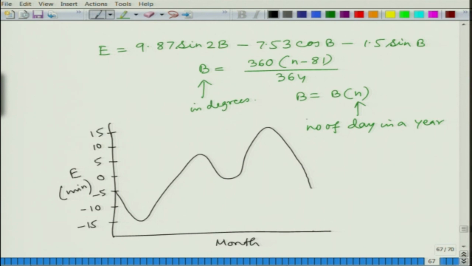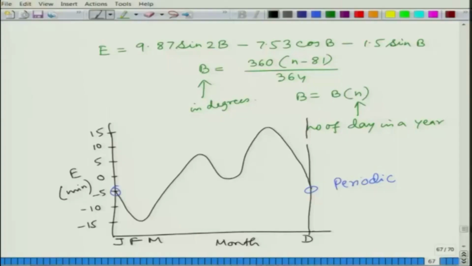And like any other yearly variation, it has to be periodic, it has to come back to where it started. This is starting from January, February, March and so on till December. So, you can see that it goes approximately plus minus 15 minutes that you have to adjust for this day length correction.